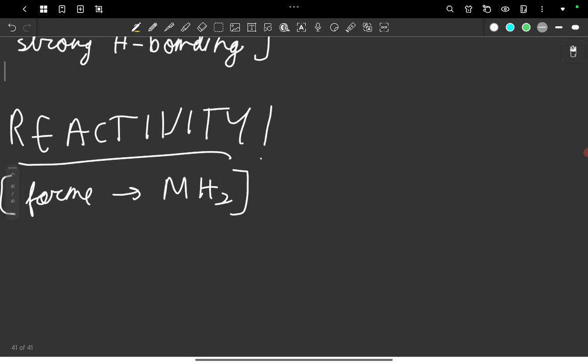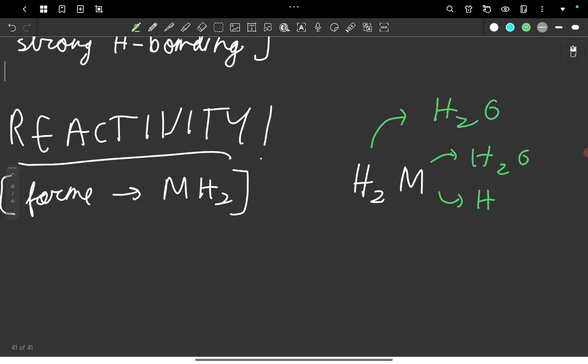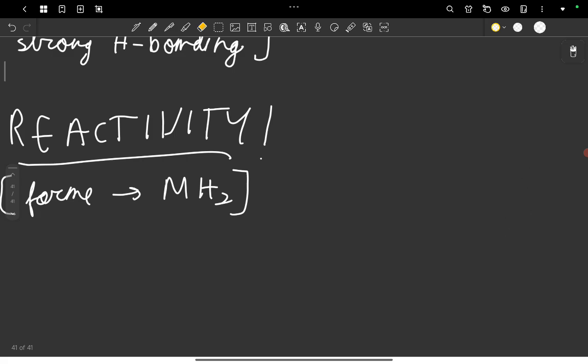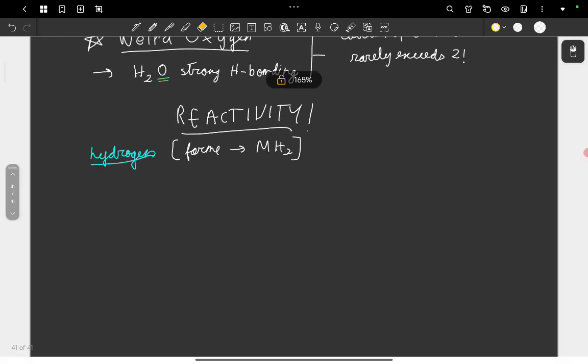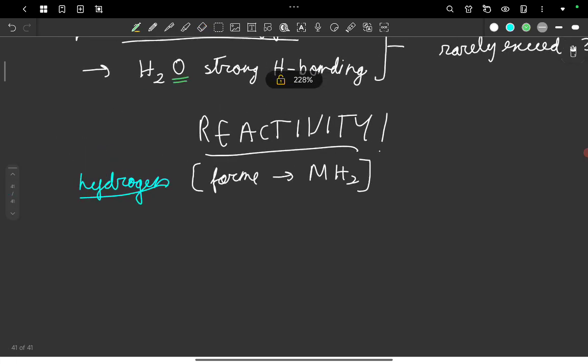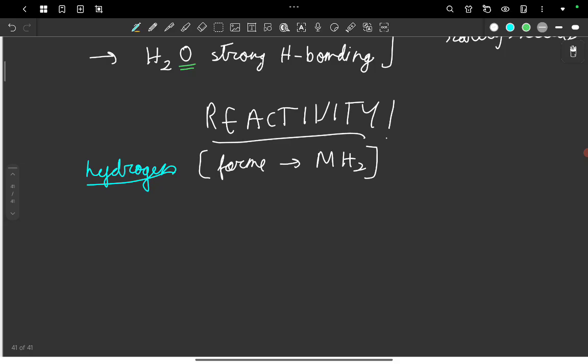A better way to write it is H2M. Like, you have seen H2O, H2S, H2Se is also there, H2Te must also be there. So these hydrides are formed basically by the group 16 elements, and basically they are acidic.